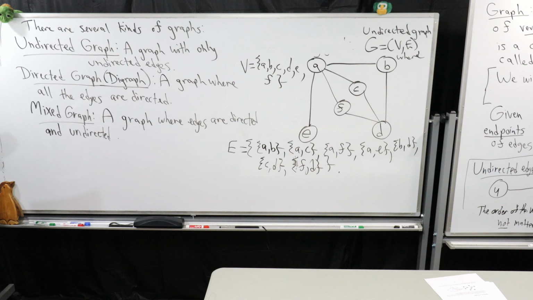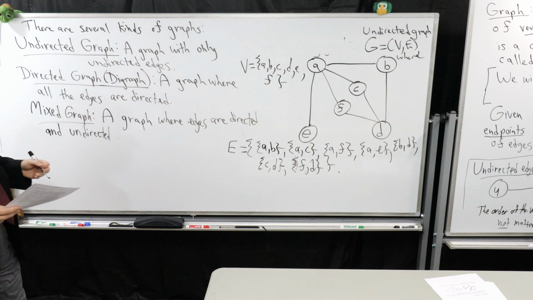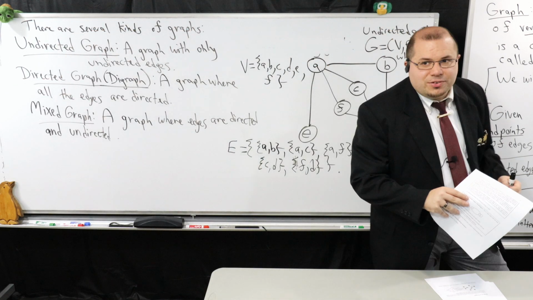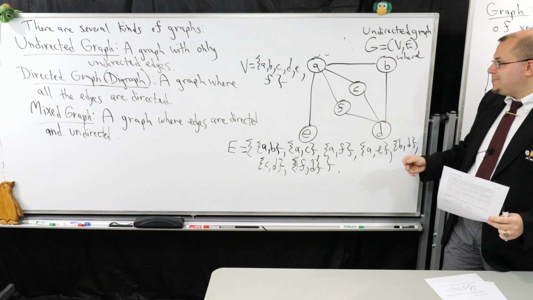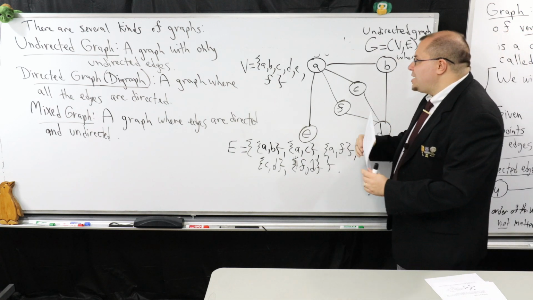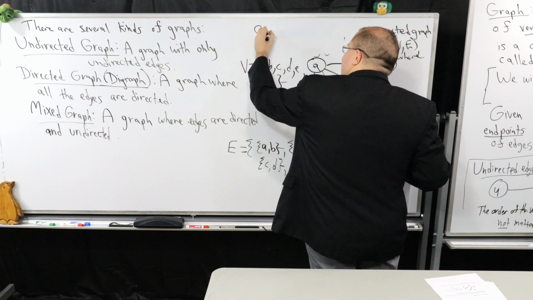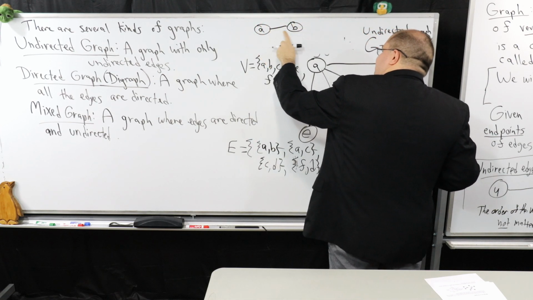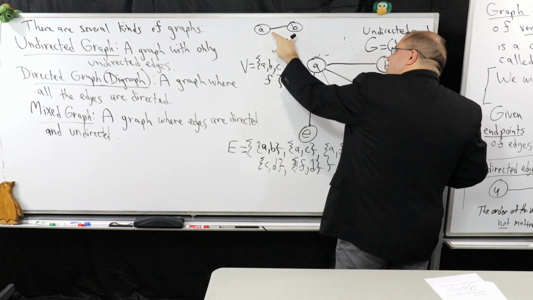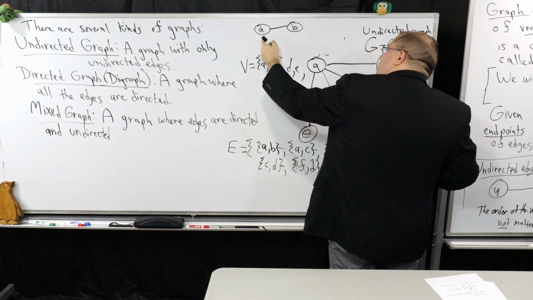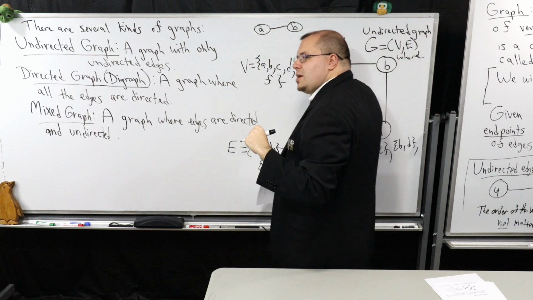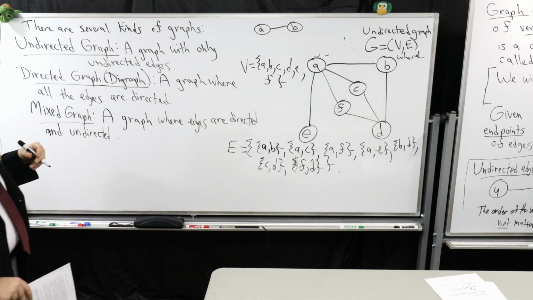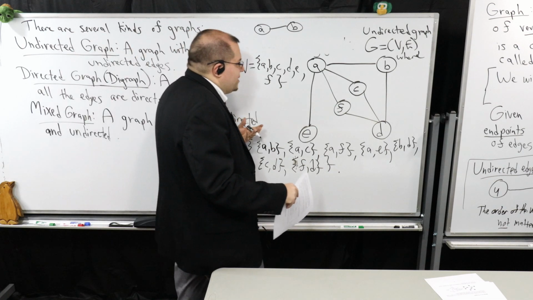I do want to point out one thing, just as a remark, is that if I wanted to represent any undirected graph, I can do that with a directed graph. If you think about it, imagine I give you an edge like A to B, where the endpoints of this edge E are A and B. You might ask, Dan, how can I represent this undirected edge as directed edges?